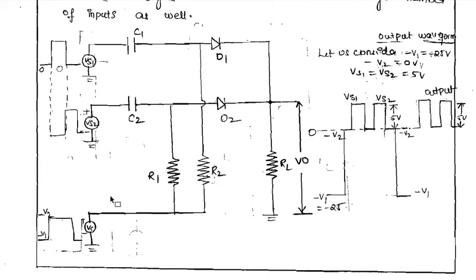OR gate means it will be adding up. What will it be adding up? The previous input signal that was here and the present one. So it will be acting as an OR gate. Hence the negative level of the control pulse may be considered as your OR gate.